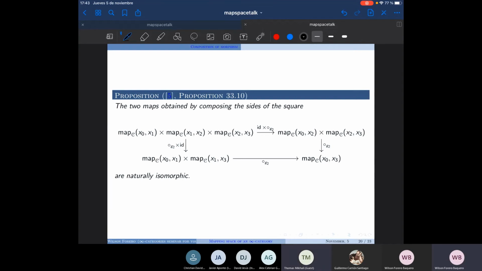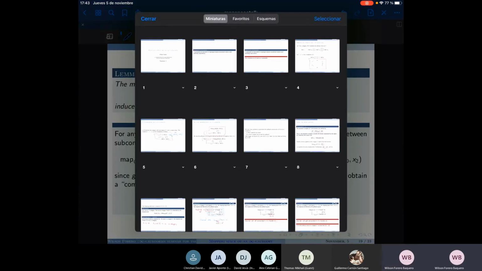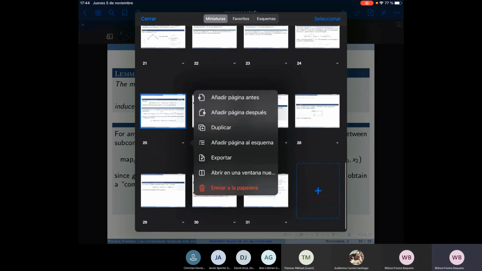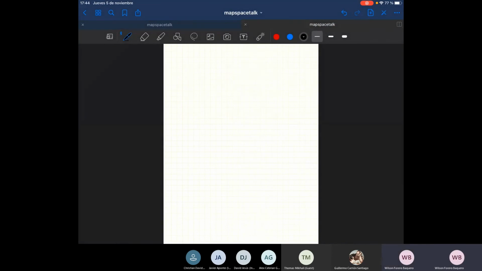Sorry, Wilson? Yes? I didn't get the connection. Could you explain again where G2 came from on the last slide? Okay. When you have 3 objects in an infinity category, suppose we have x0, x1, x2.